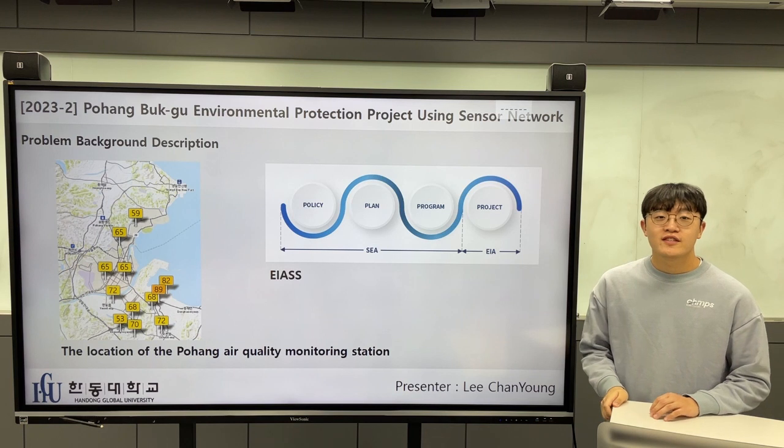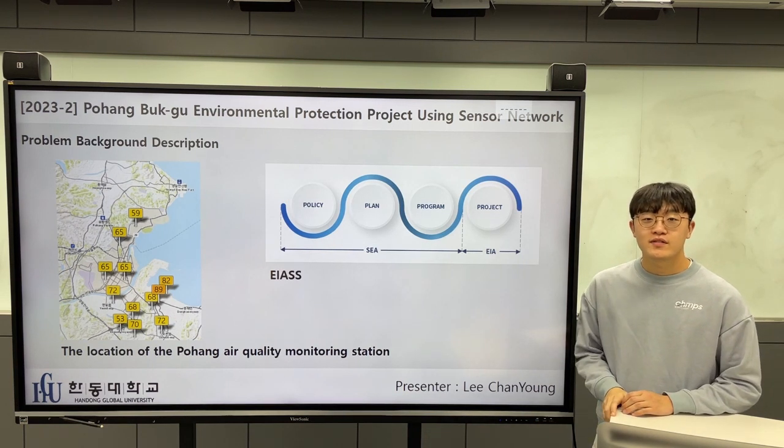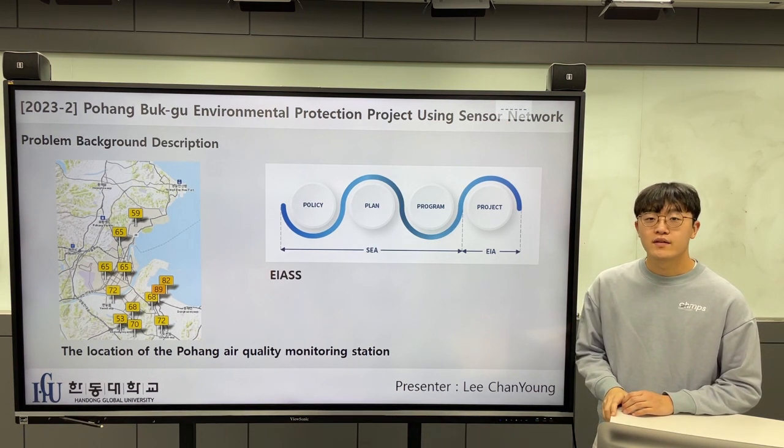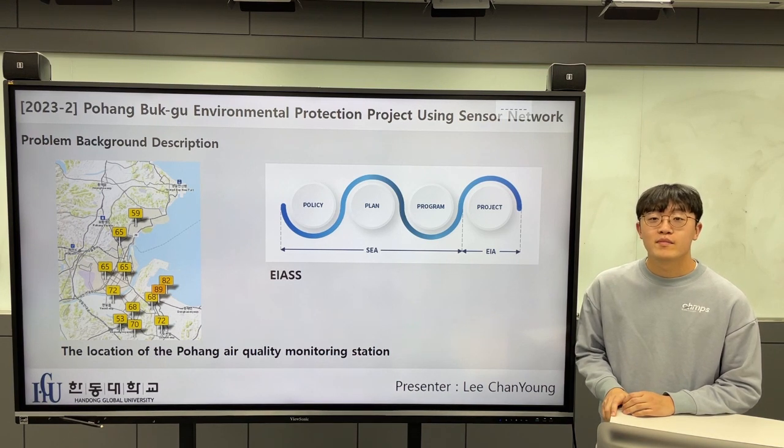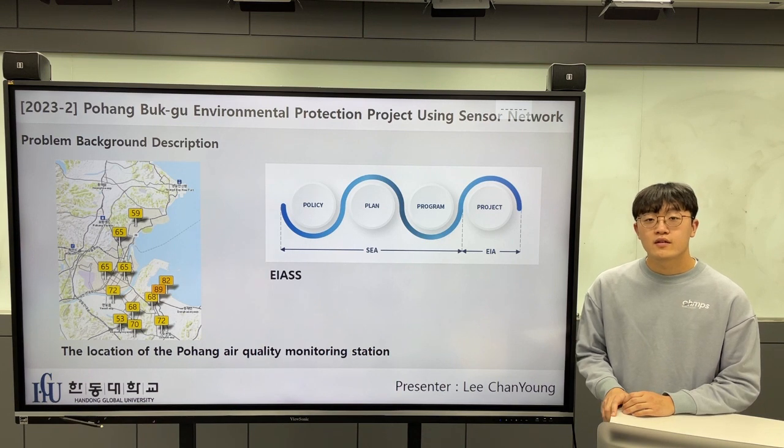Pohang City currently uses 11 measurement stations to provide information about the air quality. However, this setup has some gaps and has difficulties in measuring the air quality within a local scope, especially when it comes to knowing right away if there are any harmful substances coming from the Yongil Bay Industrial Complex.